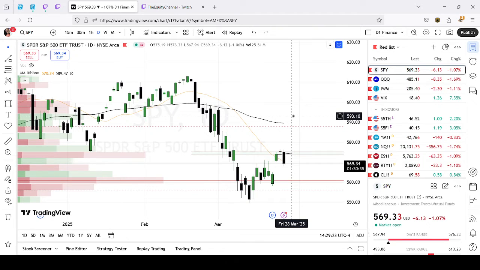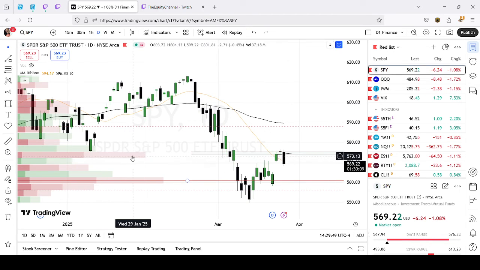Now, the market tends to move from one high volume area to the next, right? And trends usually happen in between the high volume nodes, whereas stalling, consolidation, reversals, those things tend to happen at or around high volume nodes. So you can see when we hit this high volume area here, we stalled.